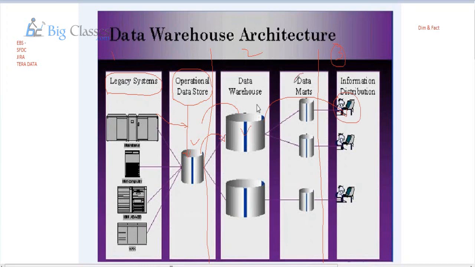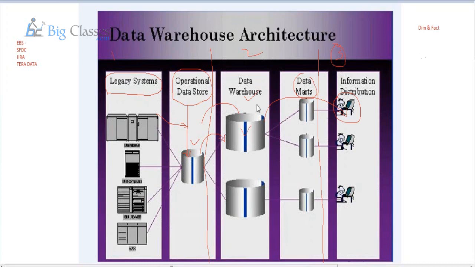But here, data mart is nothing but dividing the data warehouse into small pieces. In general, we will call them schemas. Schemas are users. That information will basically be divided into business areas.